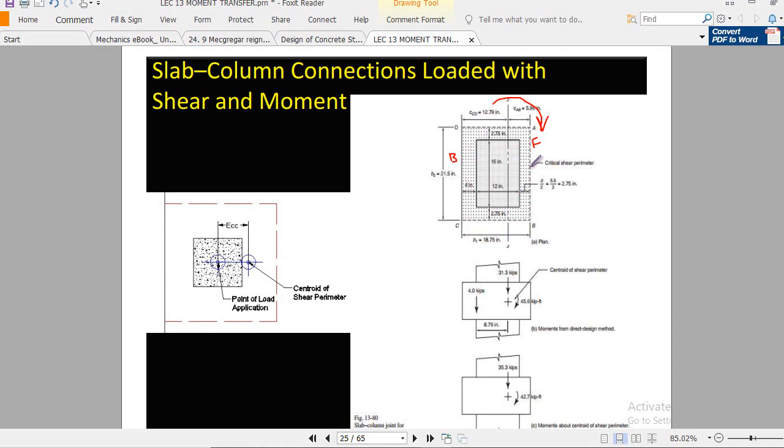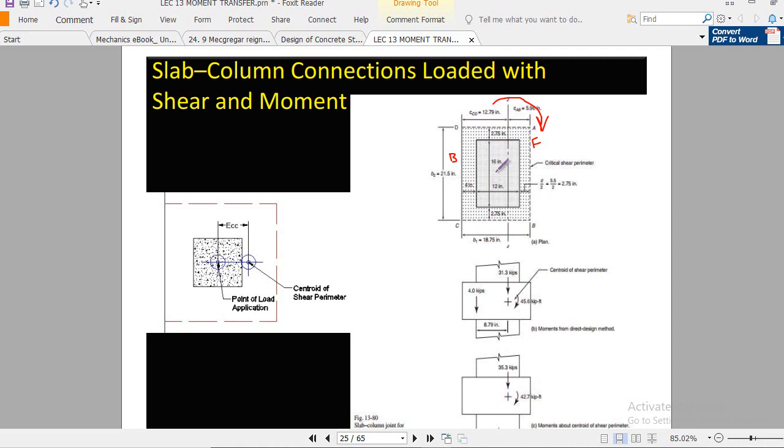Now it is important that you have to find this CAB distance, CCD distance. In our example inshallah you will see how we calculate the CAB and CCD. Although in this example these distances are already given, you have to just understand the transfer of these moments to the centroid of the column.